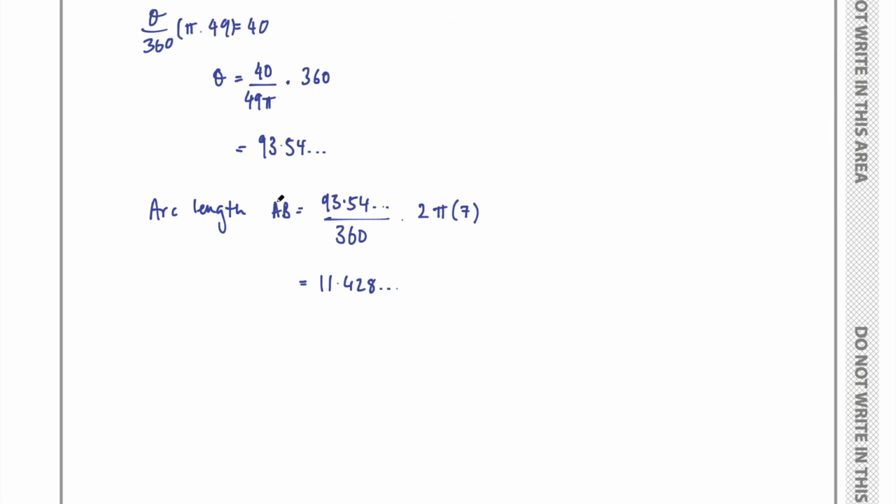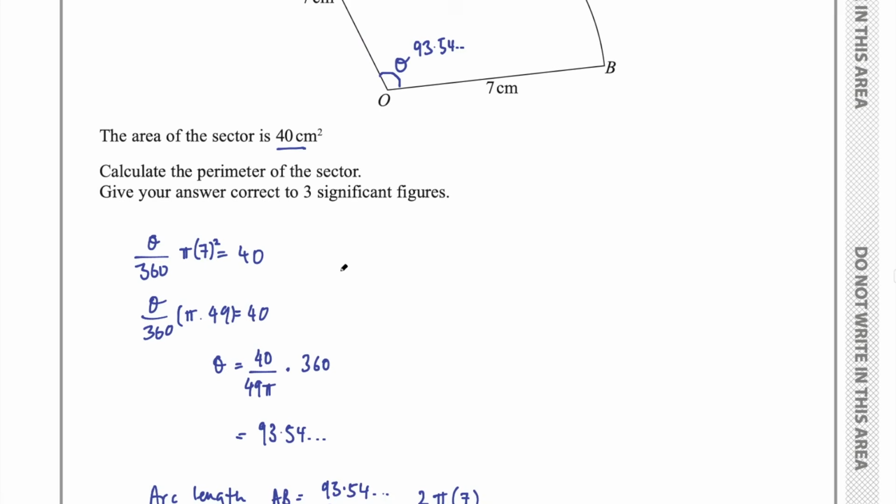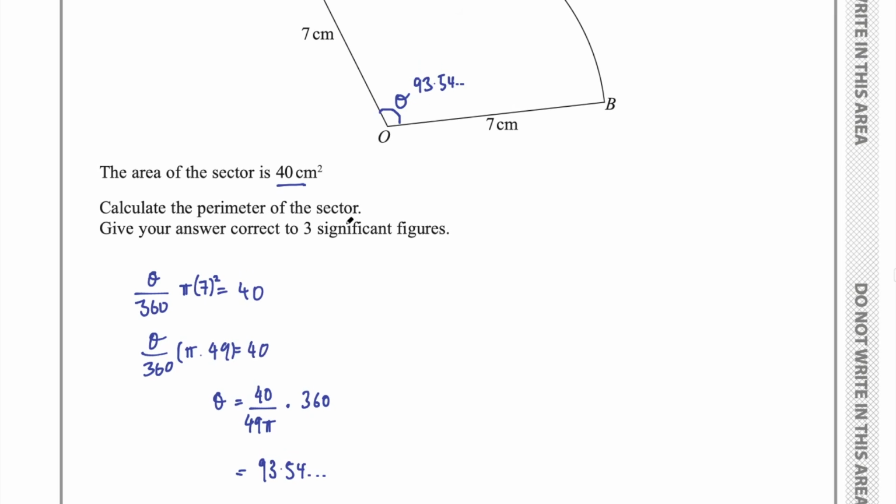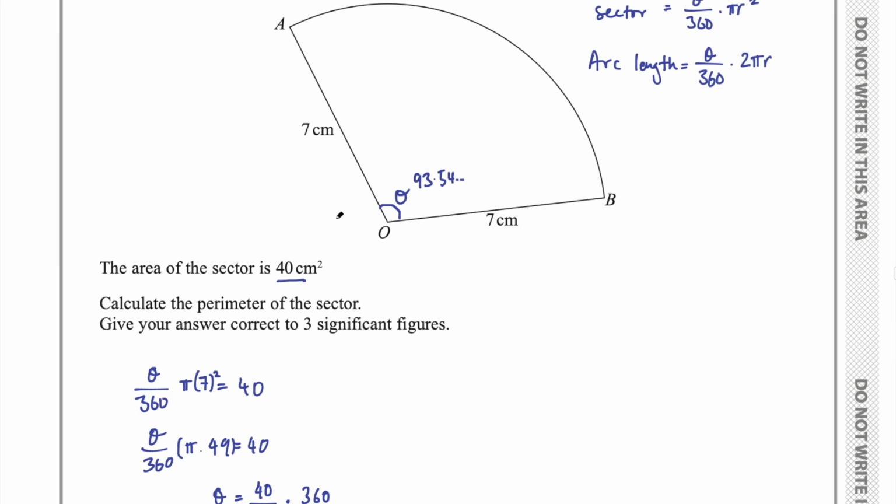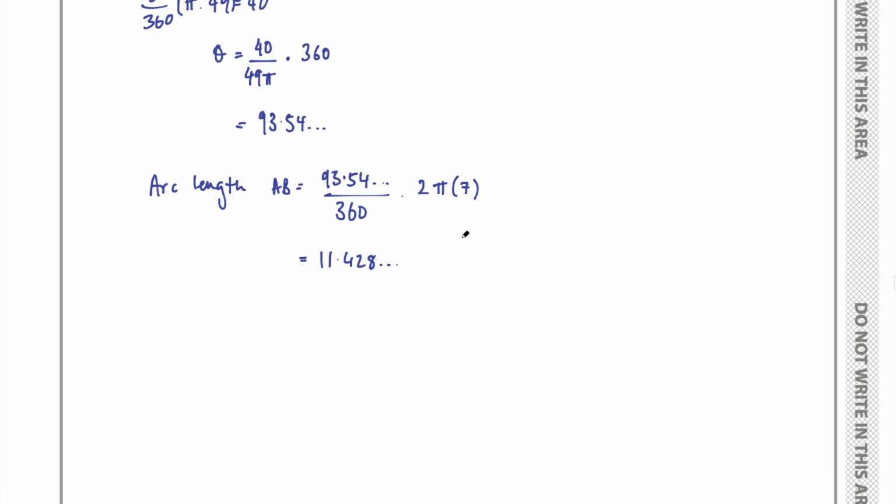Okay, so I have that arc length, and let's go back to the question just to check what it's asking. It says calculate the perimeter of the sector. So I need to add this arc length to these two radii, because that's the entire perimeter around this shape. So 7 plus 7 is 14, so I need to add 14 to this number. So we can say the perimeter then is equal to this answer, 11.428 plus 14.